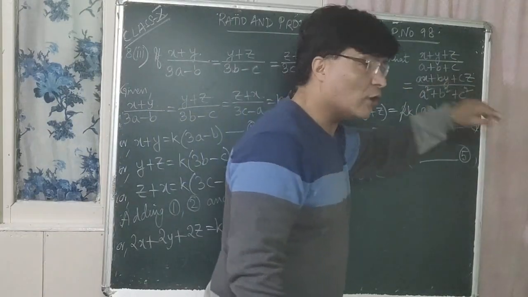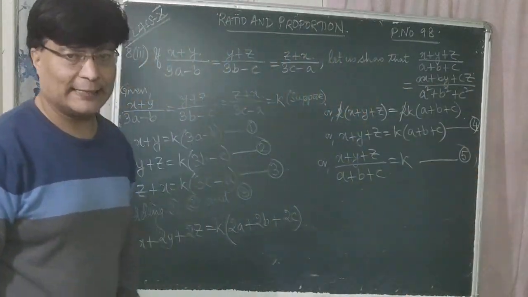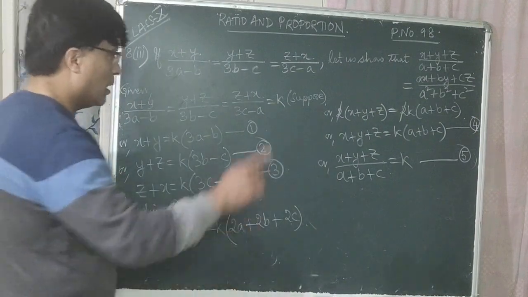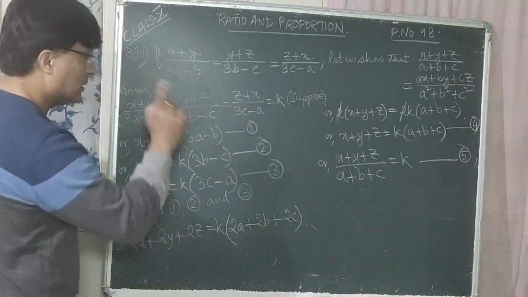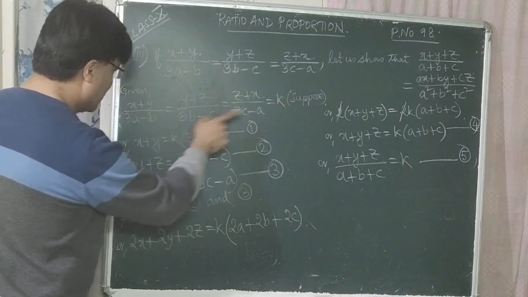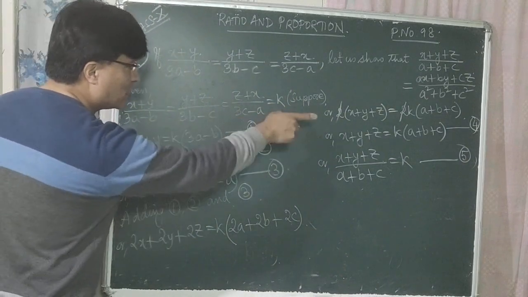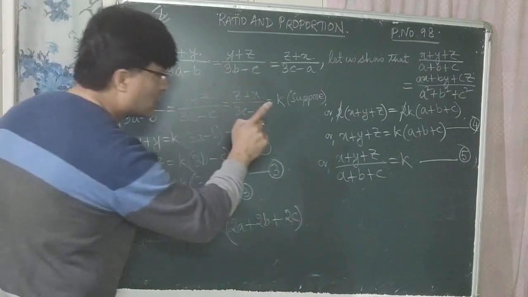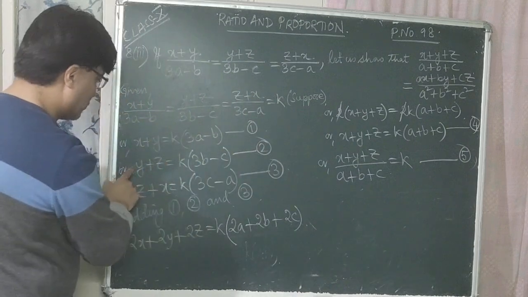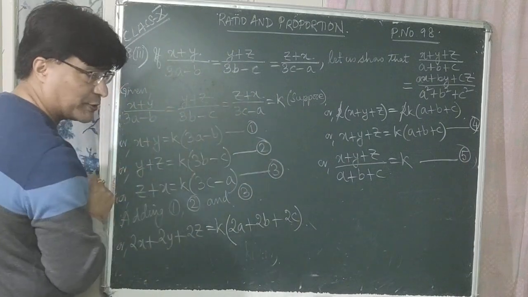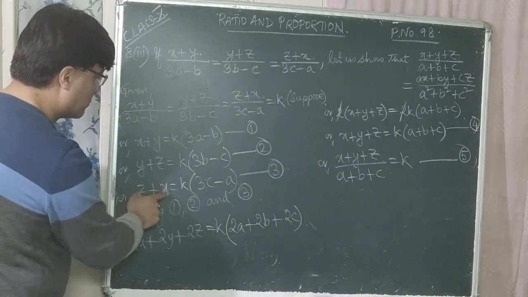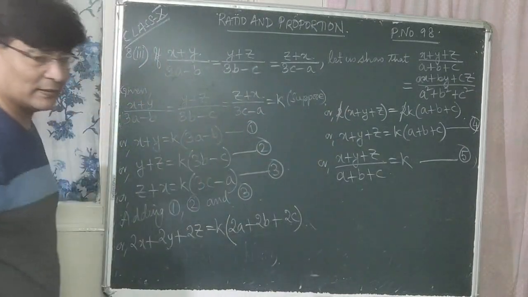From 4 let us subtract 1. What do we get? X plus y will be cancelled, we will get the value of z. Let us subtract 2 from 4. Y plus z will be cancelled, we get the value of x. Let us subtract 3 from 4. This z plus x will be cancelled, we will get the value of y.